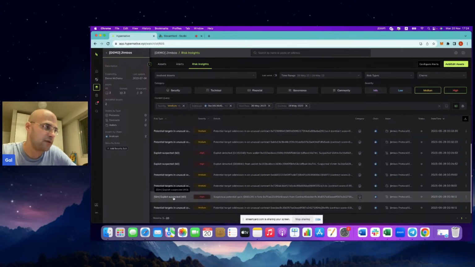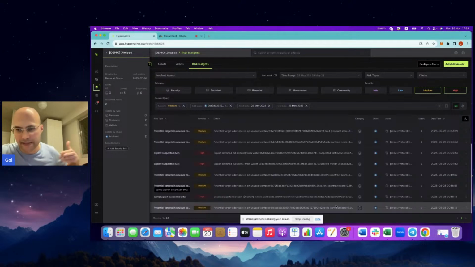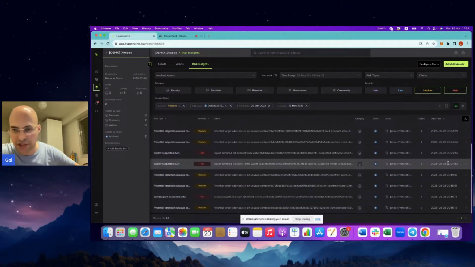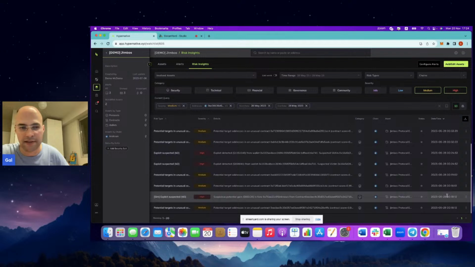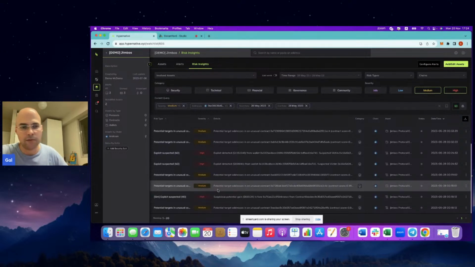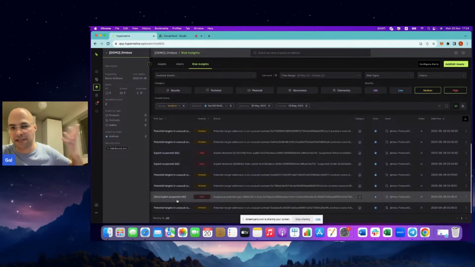Another vector we use today is a forked environment of the blockchain where we simulate and fuzz these things. What you see here as simulated is that Hypernative actually ran this attack 7 minutes before the original hacker actually triggered it. So we knew the outcome 7 minutes before that.